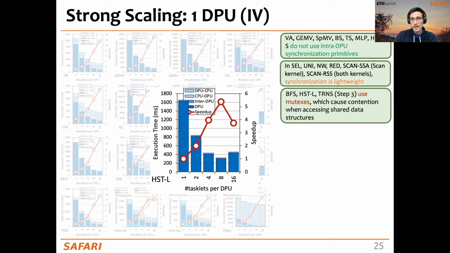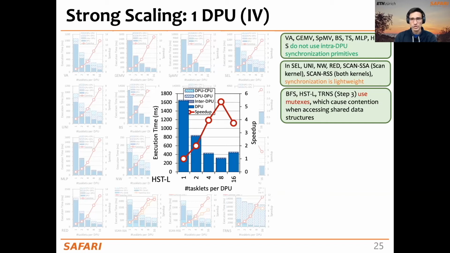The reason is that this version of the histogram uses mutexes, and every time a tasklet wants to update one bin in the histogram, it needs to lock the access to the histogram, and only this tasklet will be updating the histogram, while the others have to wait before accessing the critical section.